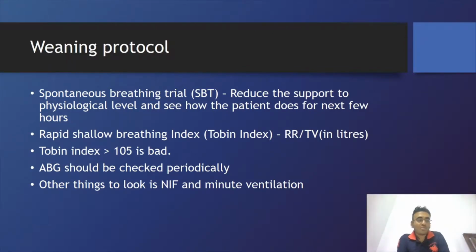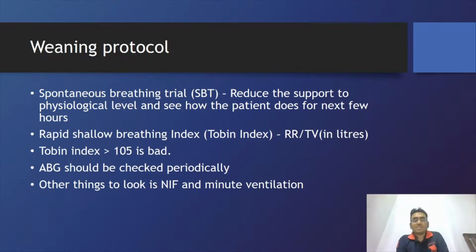And as we mentioned in the previous slide, if a patient is stable only on FiO2 more than 45, then you cannot wean those patients off the ventilator. So the major things are the spontaneous breathing trial and of course the Tobin index, and the ABG and the minute ventilation are also important to look at.